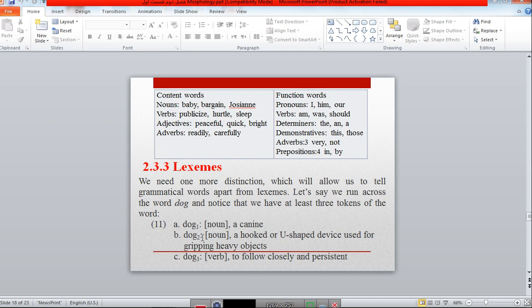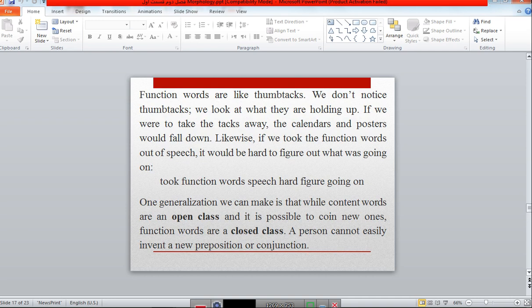The second one, again dog, is a noun. Its meaning is a hooked or U-shaped device used for gripping heavy objects. And the last one, again dog, but it's a verb, to follow closely and persistently. So these are 3 definitions of the word dog. Dog is the same, but the meaning and the part of speech may differ from each other.